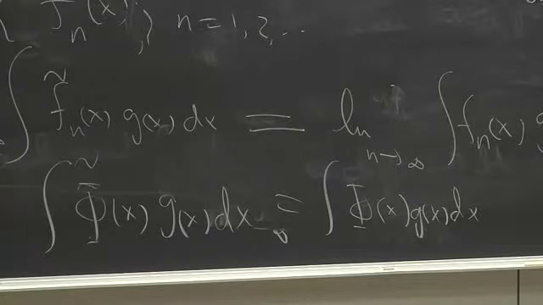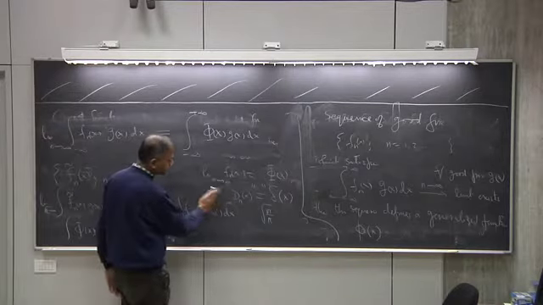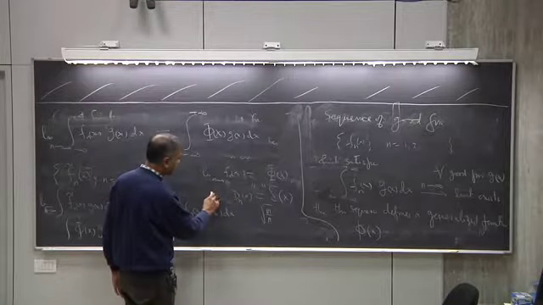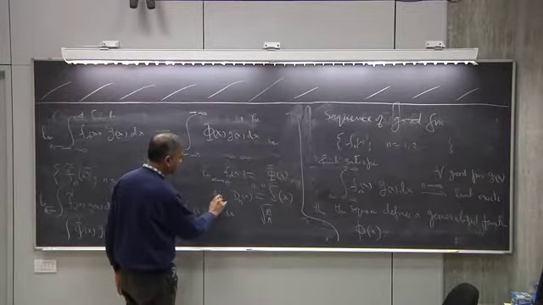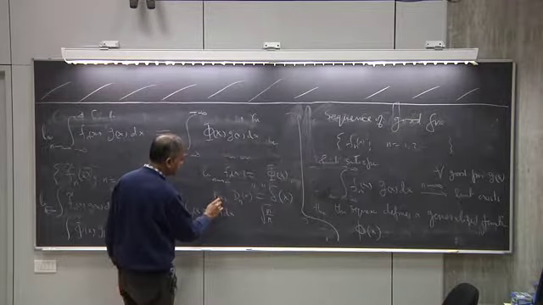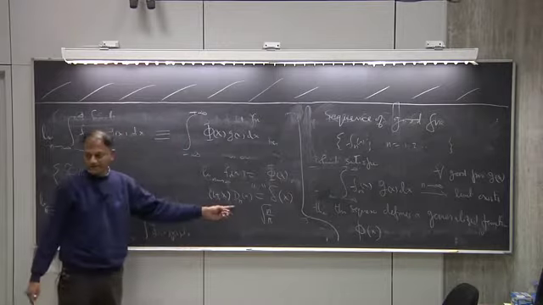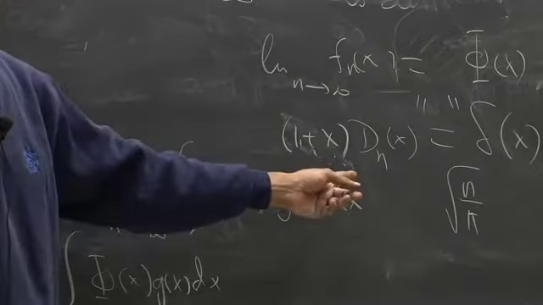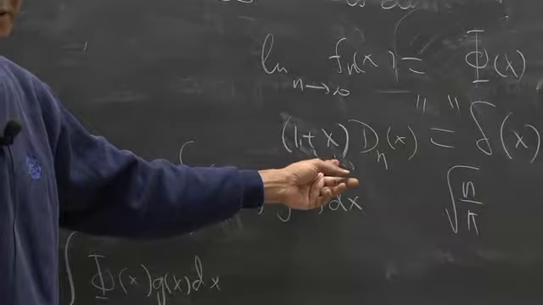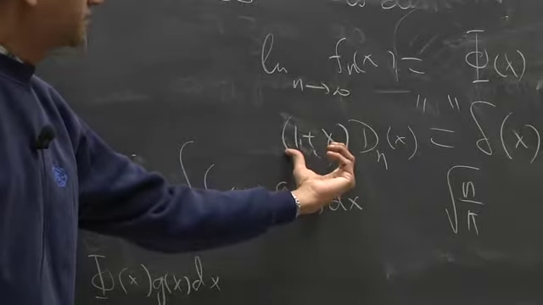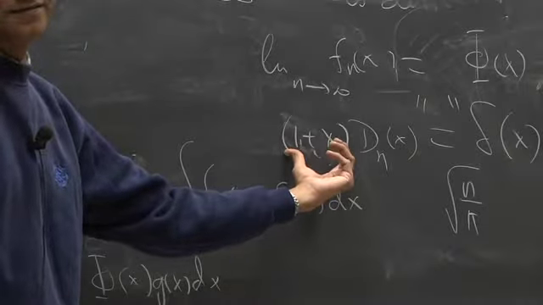As an example, one can show, we will discuss later, that instead of dnx, if you multiply this by any polynomial pn of x, let's say just 1 plus x, that again defines the same Dirac delta function. The only property of this function should be that its value at x equal to 0 is 1.